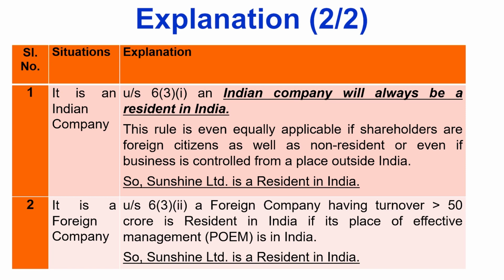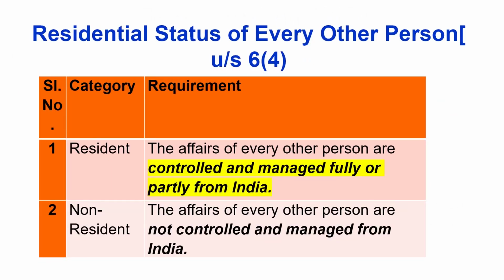Now let's see the residential status of every other person mentioned under section 6 subsection 4. Here, the category of every other person may also be of two types, like resident and non-resident.